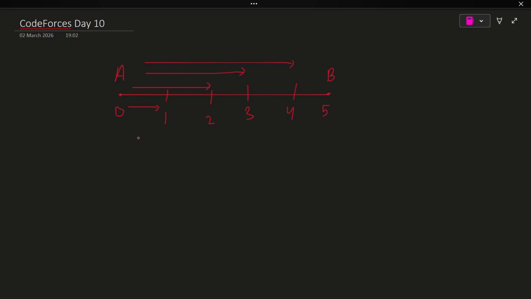It can also move 4 steps, or it can just cover 5 in one go. So we need to determine the minimum number of steps. Since it can move 5 steps in one go, the minimum number of steps in this case is equal to 1, which means that it can reach the friend's house in one go.